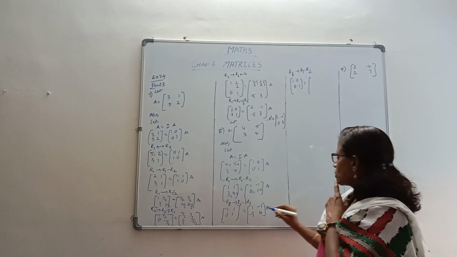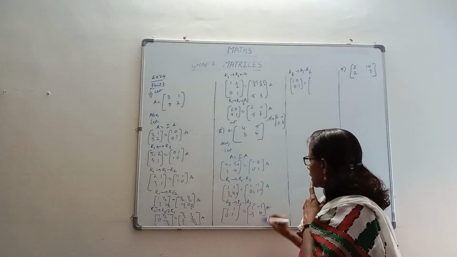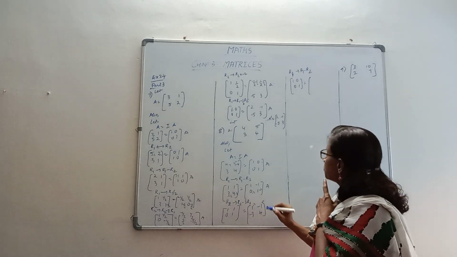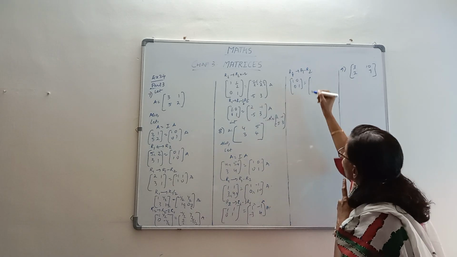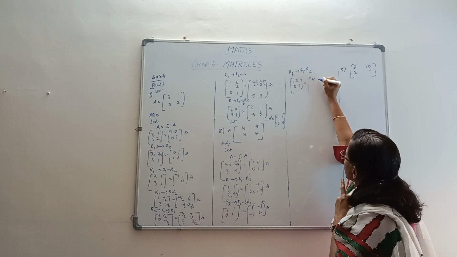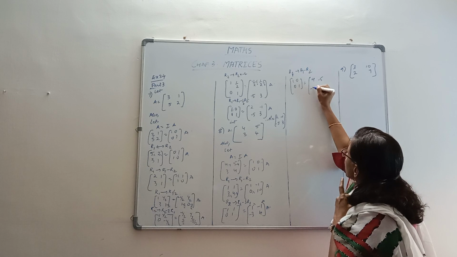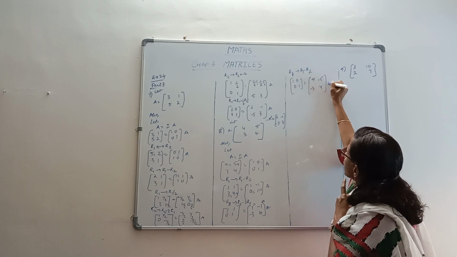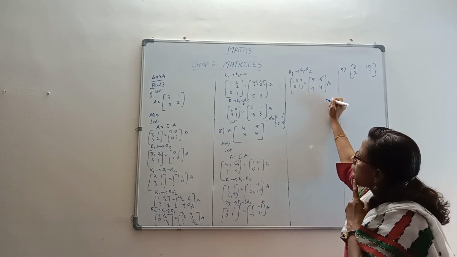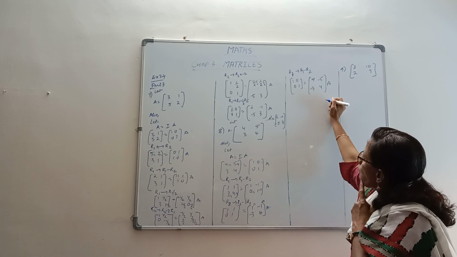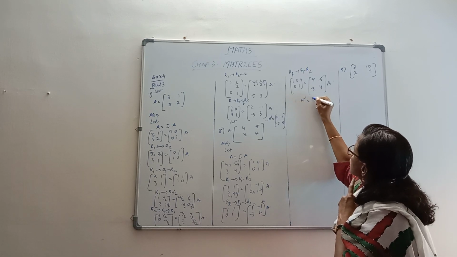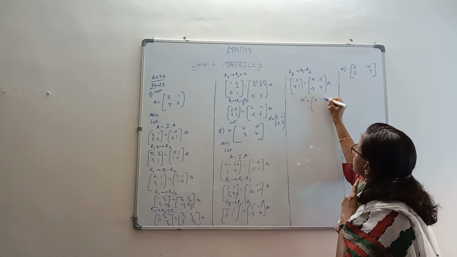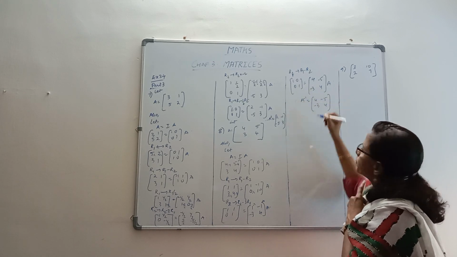It is minus R2, so it is plus 3 and it is minus 4, so it is like 4 and minus 5, minus 3 4. Yes, so our A inverse is 4 minus 5 minus 3 4.